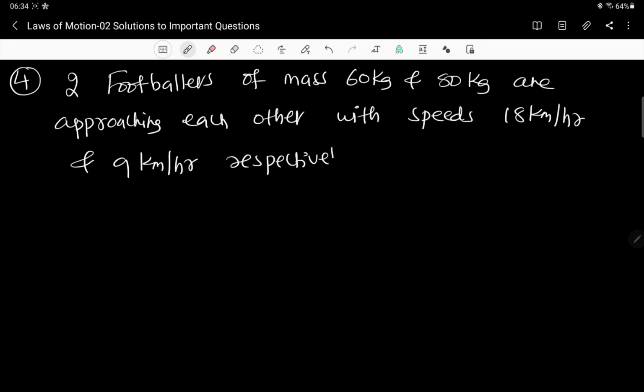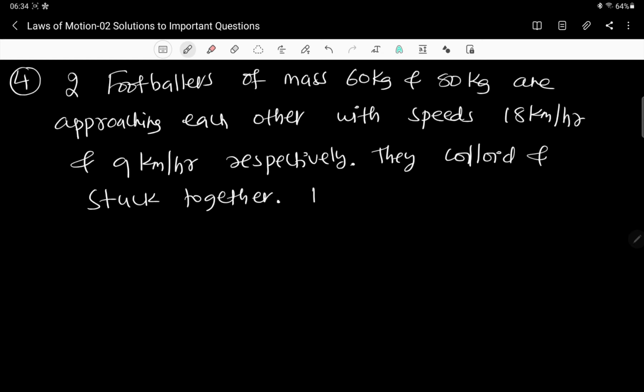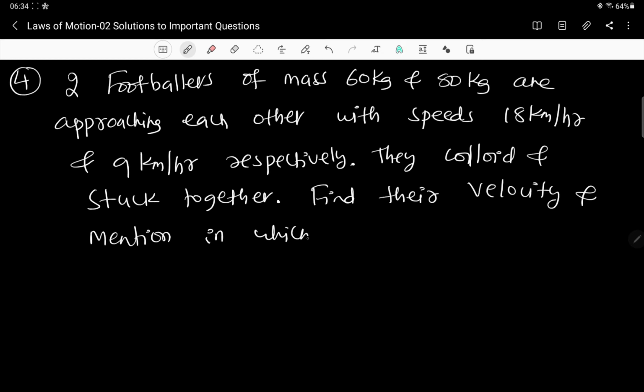They collide and stick together. Find their velocity and mention in which direction they move.